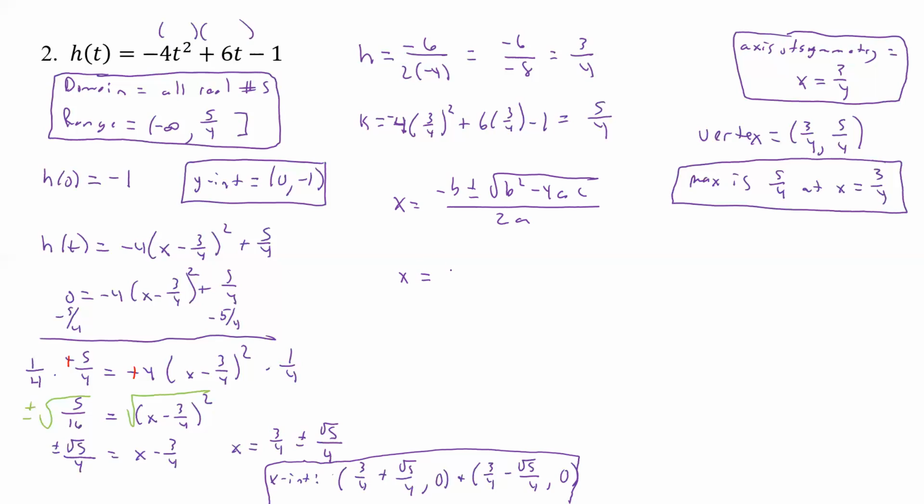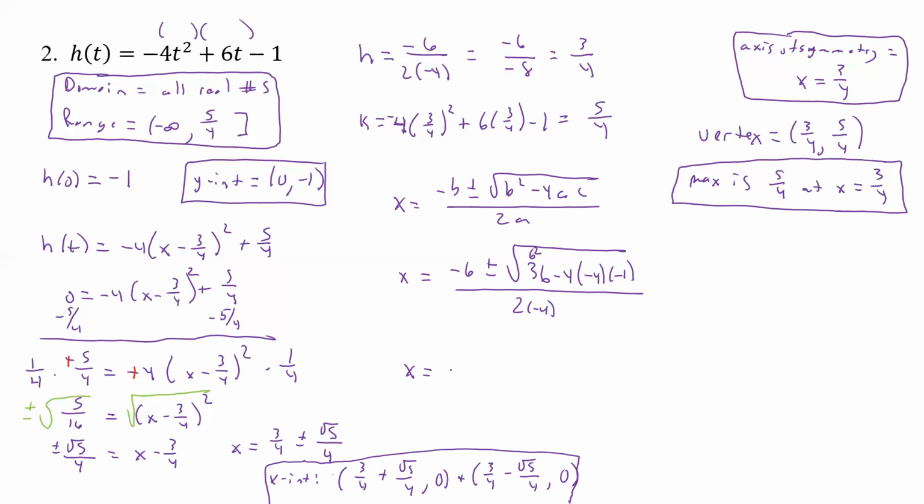B is 6, so it's minus 6 plus or minus the square root of b squared, 6 squared is 36, minus 4 times a, which is -4, and then times c, which is -1, all over 2 times -4. The only thing I did myself was write 6 squared as 36 to save a little bit of time.